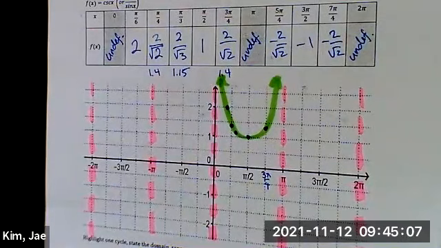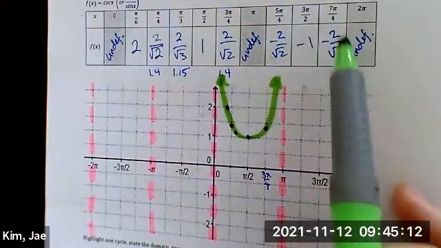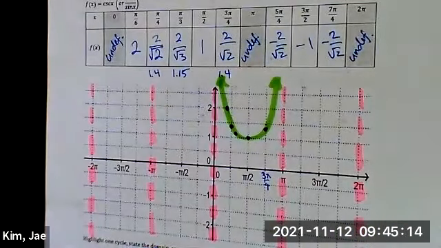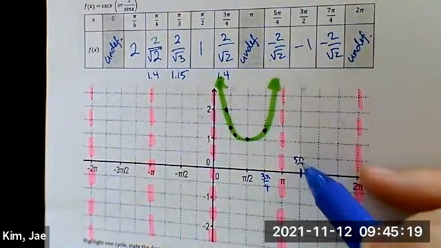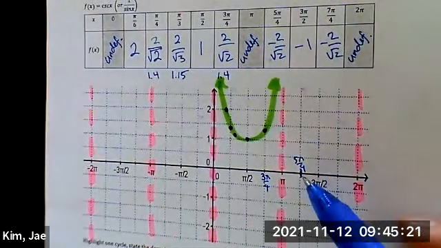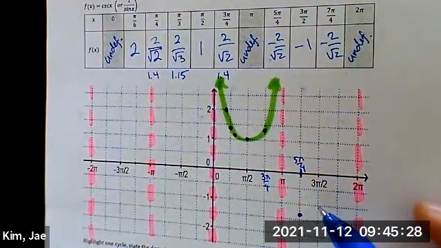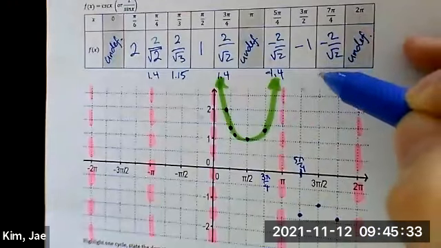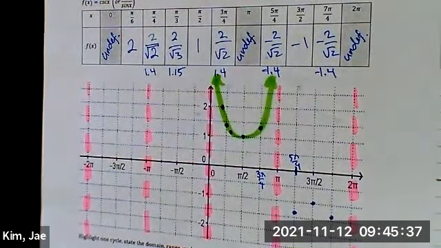Now I'm going to graph these 3 points and see if you can guess where the next curve is going to be. At 5 pi over 4, it's going to be negative 1.41, 1.4, and then 1, and then negative 1.4. Oh, no, that's not it. Put that one back.